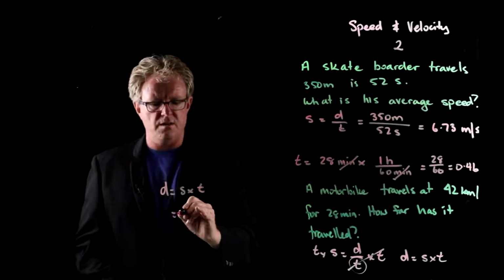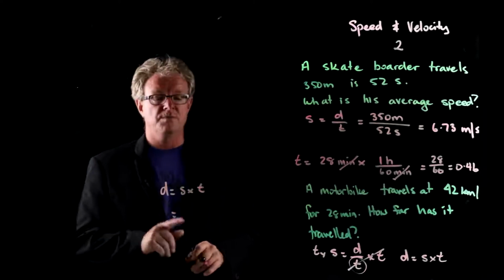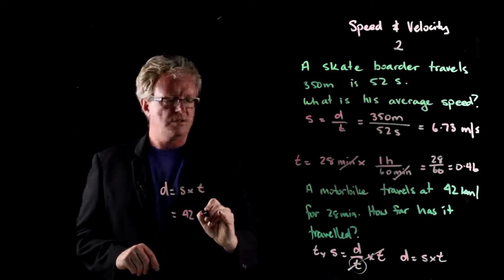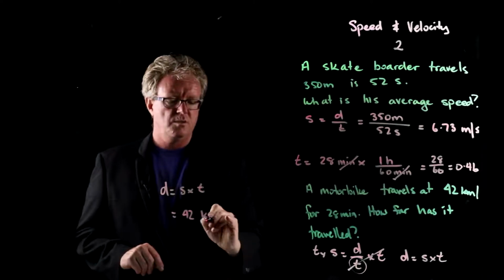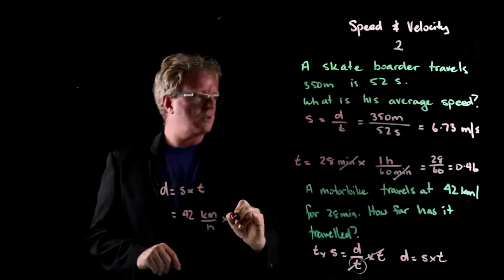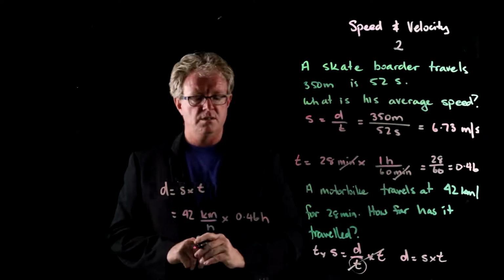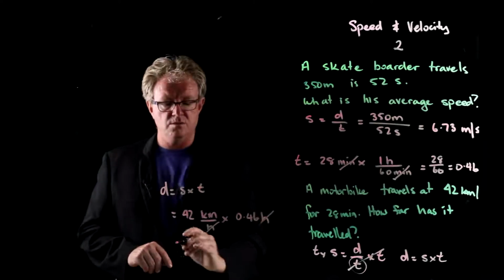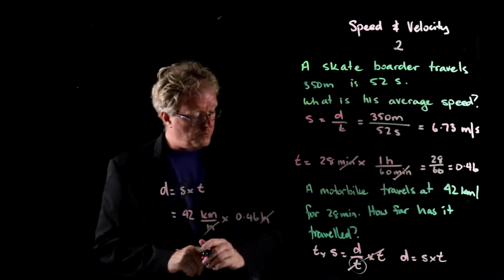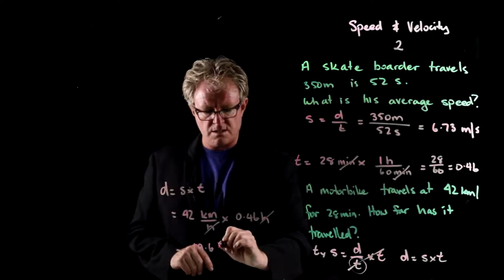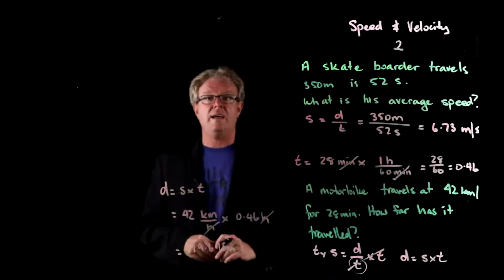Okay, so now we've got it in terms of hours. So the distance: the speed was 42 kilometers per hour times the time, which is 0.46 hours, right? The hours cancel, which means we have 42 times 0.46, and that is 19.6 kilometers. So that is our answer there.